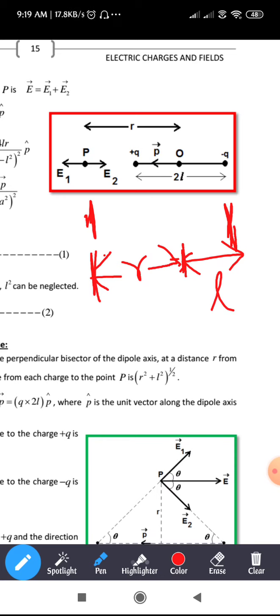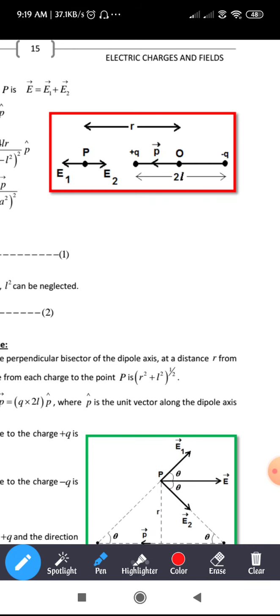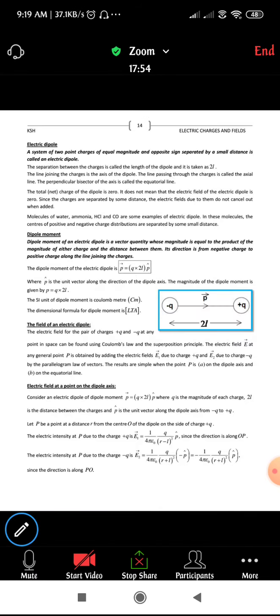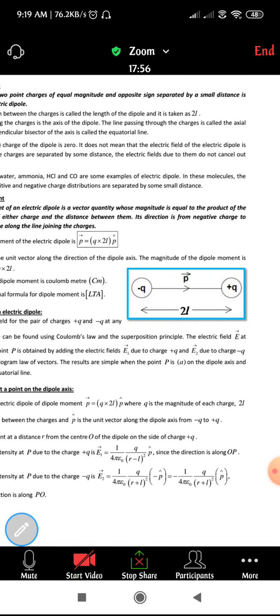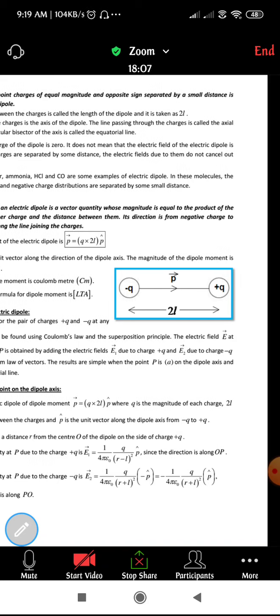So from the center of the dipole to the negative charge minus q, the distance is l. Now we need to find the electric field at point P due to the negative charge, so obviously the distance should be r plus l, right? That is what we have written here. So E2 is equal to 1 by 4 pi epsilon naught into q divided by r plus l whole square into minus p cap. Why is that minus p cap here?